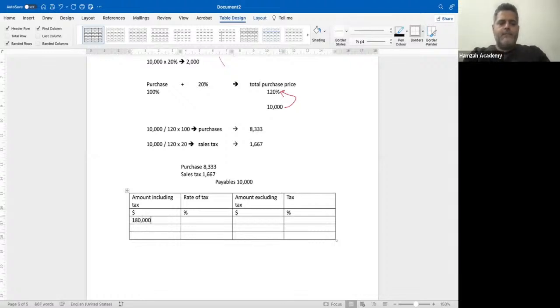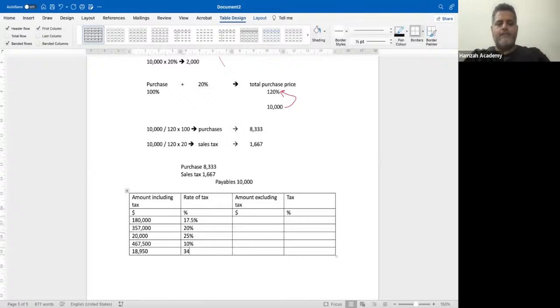This is 180,000. This is 17.5%. This is 357,000. This is 20% over here. This is 20,000. This is 25%. This is 467,500. We have 10% over here. And then this is 118,950. And this is 34% over here, right?